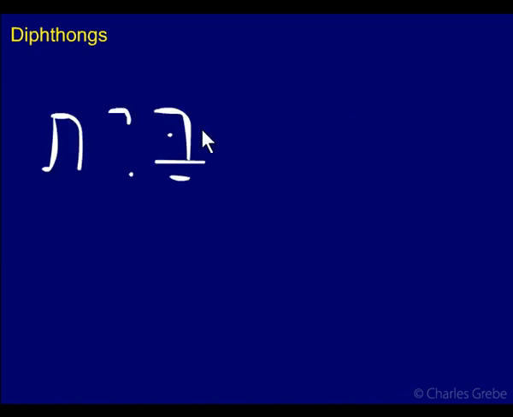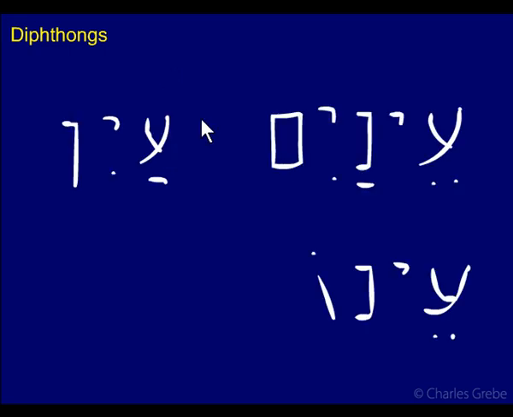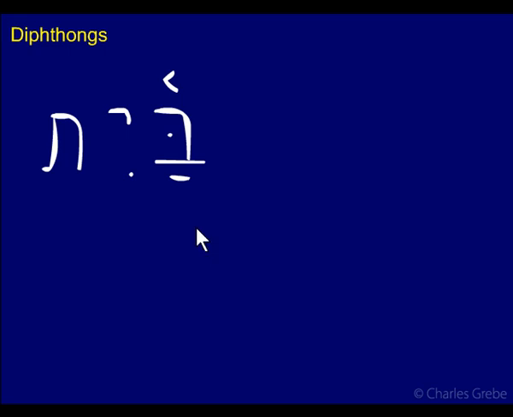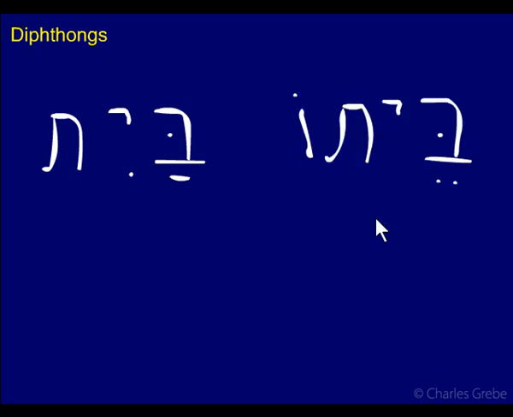Bayit, let's just look at bayit again. These are all stressed in the first syllable, which is why the diphthong is there. So bayit, beito, we add a suffix. And again, it reduces. Beito. Or it contracts, I should say.